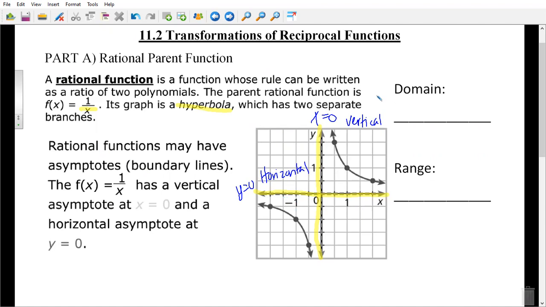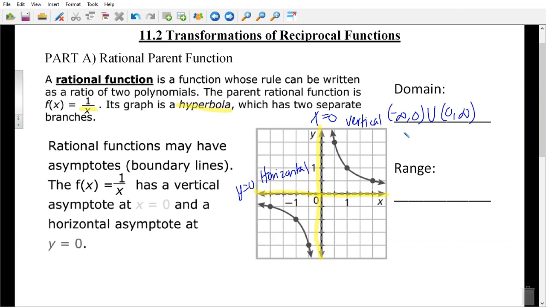So our domain, we write it as from negative infinity to 0, union 0 to infinity. What the union symbol stands for is "and." So we're taking a break. This is our interval notation.